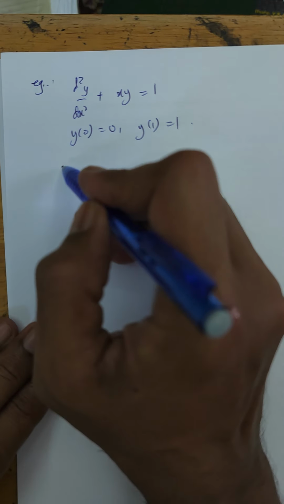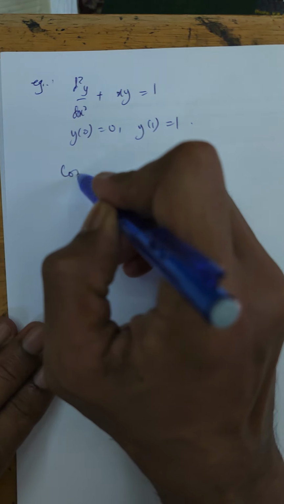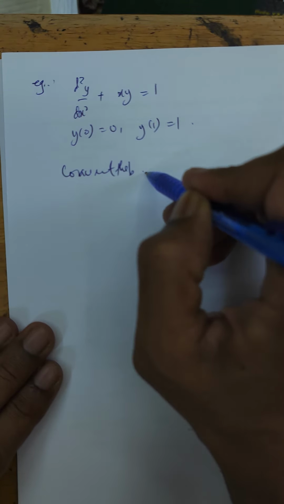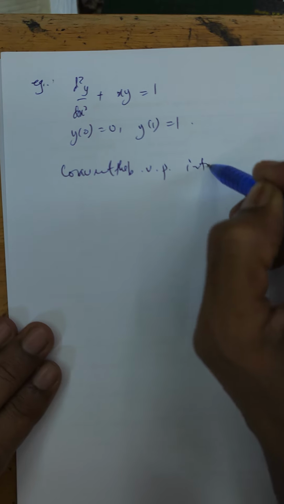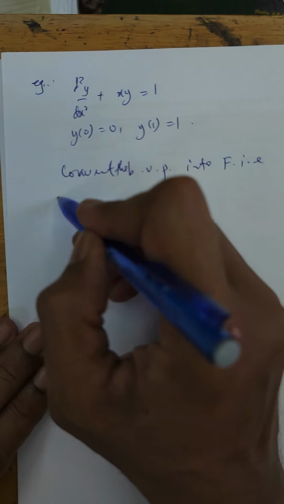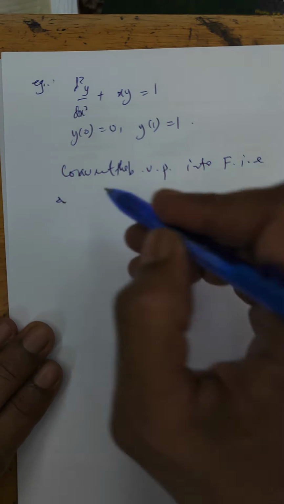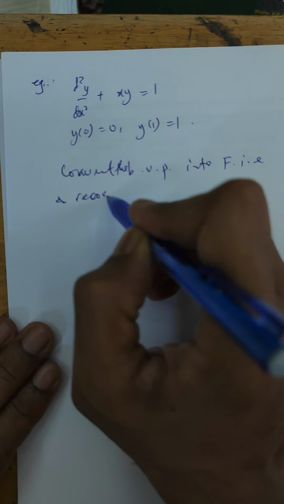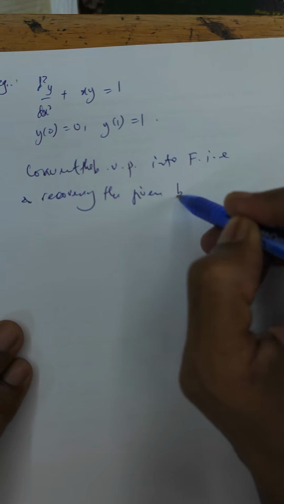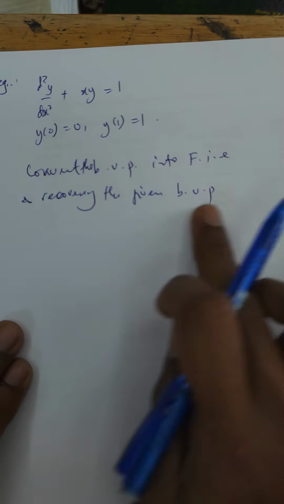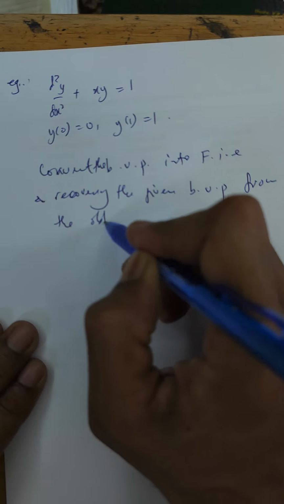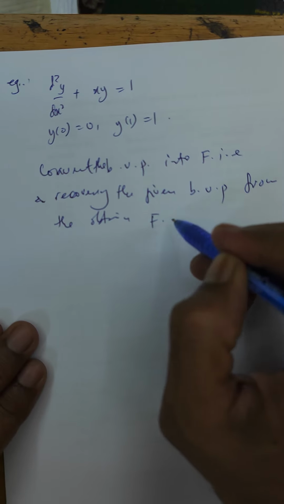So convert the boundary value problem into a Fredholm integral equation, and having done that, try to recover the given boundary value problem from the obtained Fredholm integral equation.